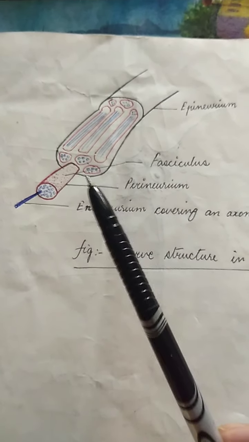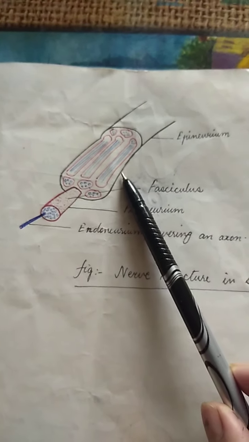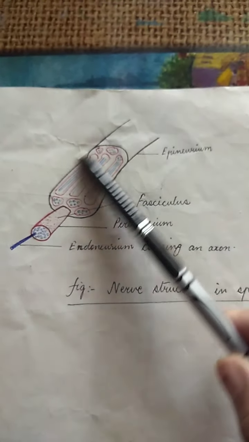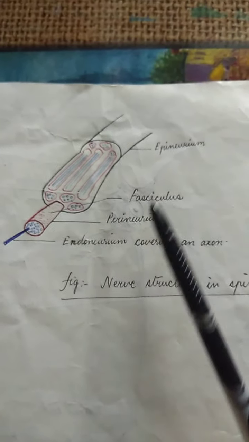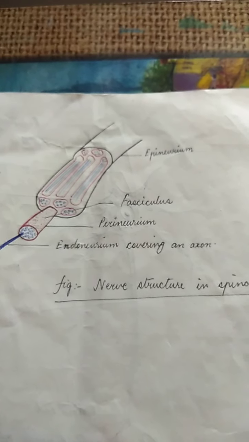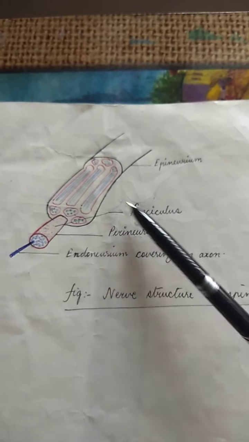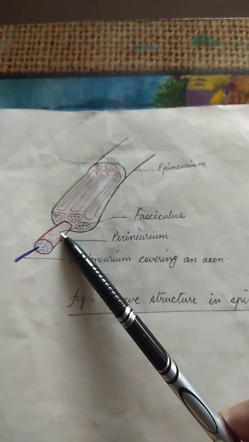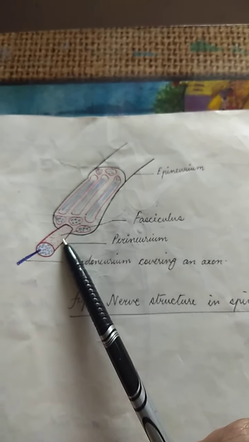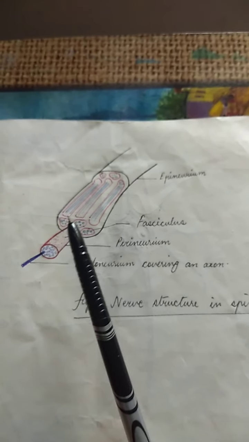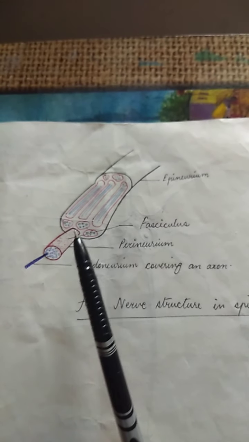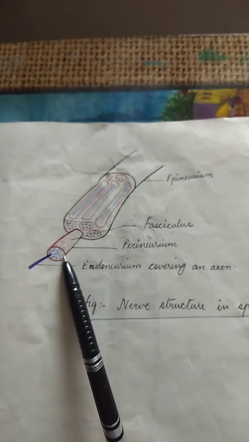Bundles of nerve fibers within the peripheral nervous system are called nerves. These several bundles of nerve fibers are called fascicles. Each fasciculus is surrounded by a layer of connective tissue called the perineurium.